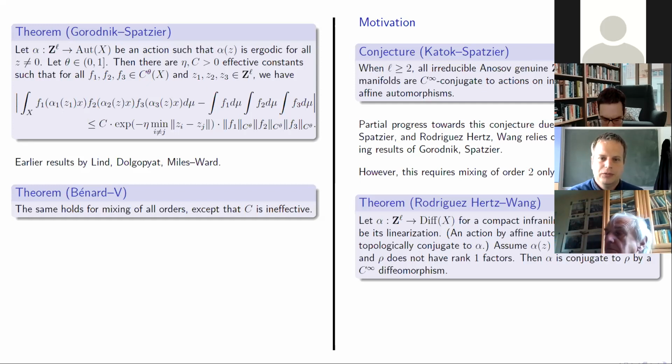And this is something that Rodriguez Hertz and Wang settled, that in that special case at least, it's enough to assume that one element is Anosov. So I think the conjecture is somewhat open to interpretation. Any other questions?